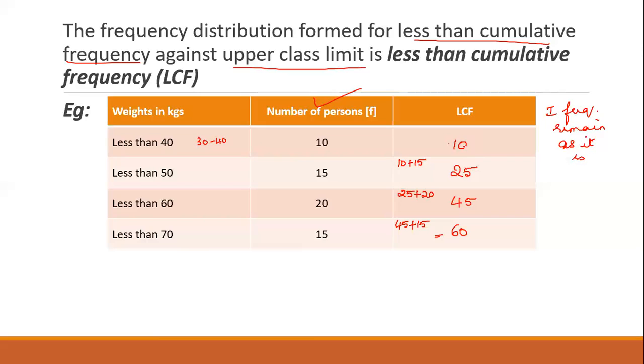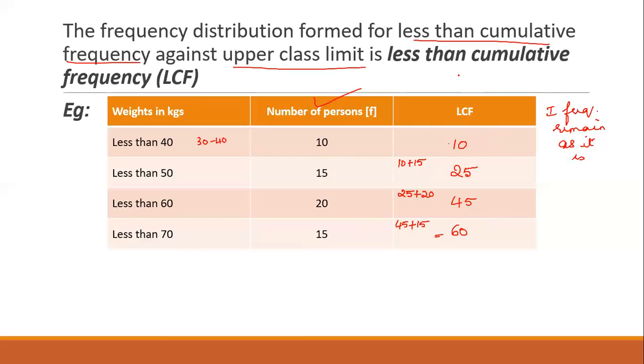Here what we do is add. Next frequency, how we write, it is 10 plus 15, it is 25. 25 plus 20 will give you 45. 45 plus 15 will give you 60. So this is less than cumulative frequency.